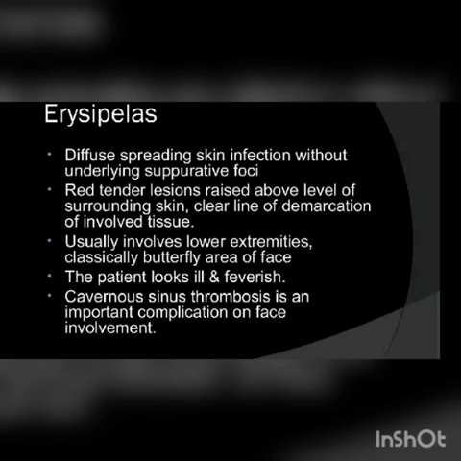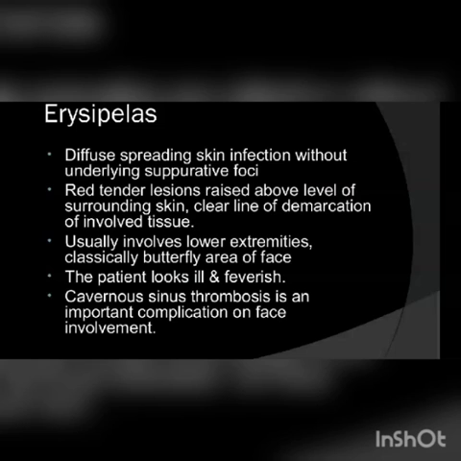Here there will be red tender lesions raised above the level of the surrounding skin and a clear line of demarcation of the involved tissue. So erysipelas is a diffuse spreading infection, and usually there will not be suppurative foci, but the most common causative agent is beta hemolytic streptococci or group A streptococci.